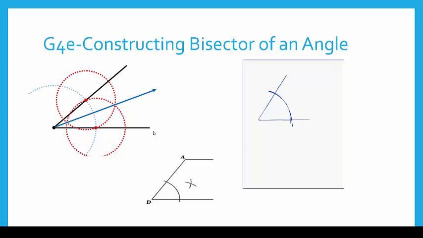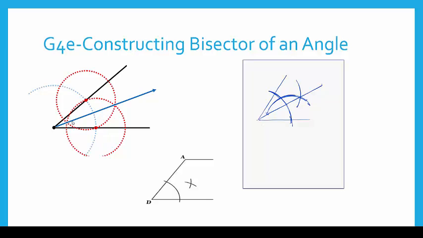Basically, the first step is getting those 2 points that are equidistant from our angle, and then we're basically doing the same thing as before. Let me speed this up because it takes a long time. And then you draw it straight on out through the point, just like we have here.